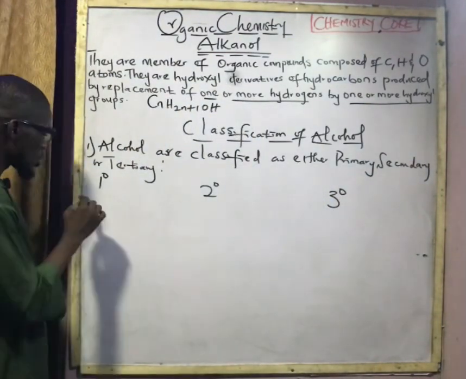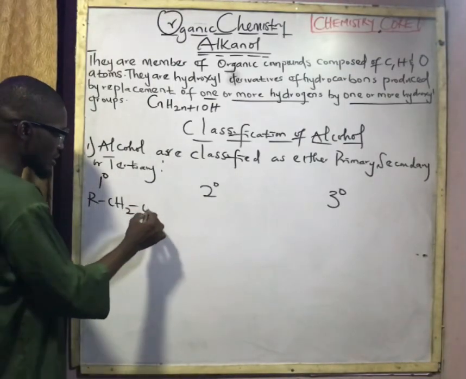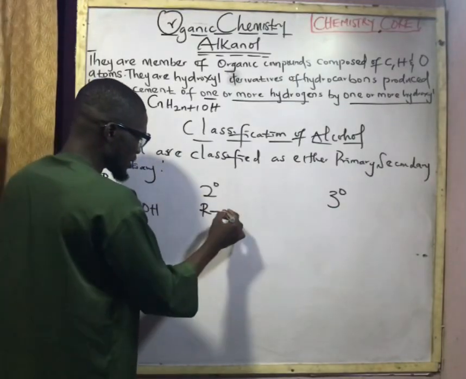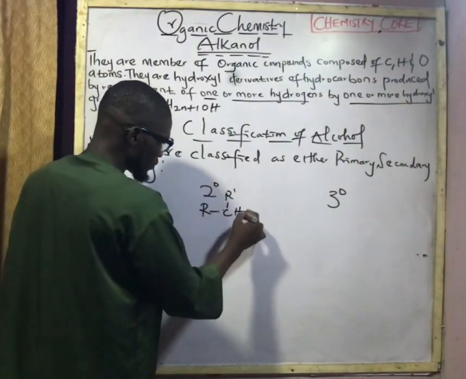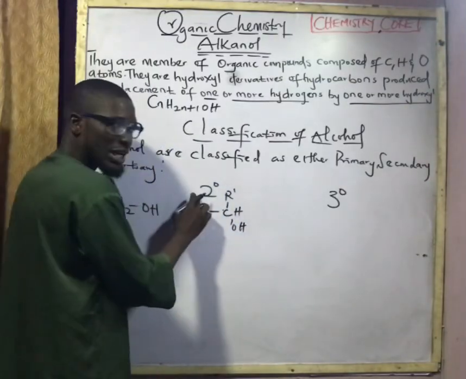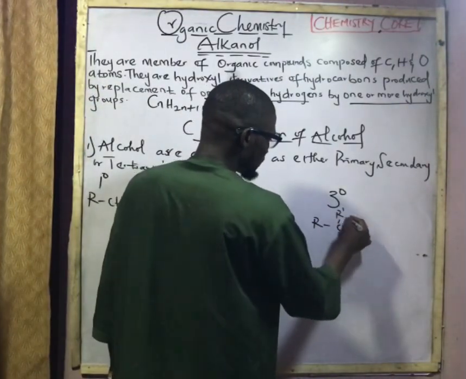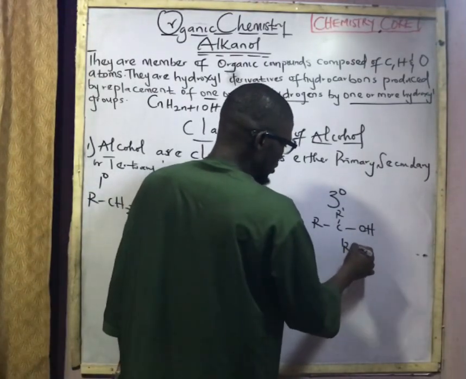So come closer here. The first formula you need to know is for the primary. The second one is for secondary alcohol, while for the tertiary alcohol, we have this.